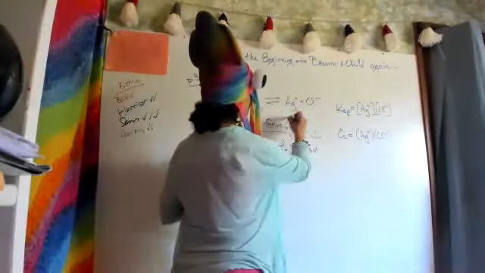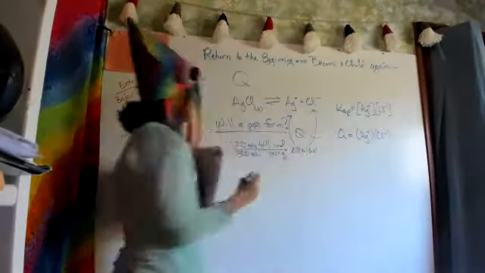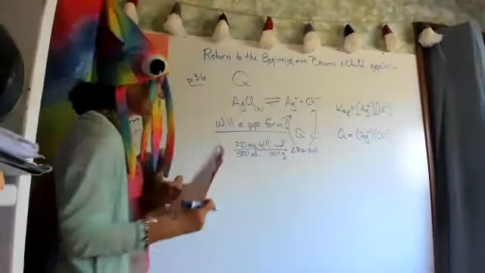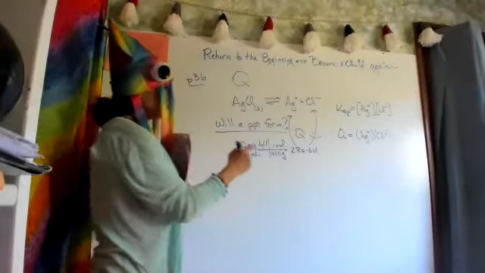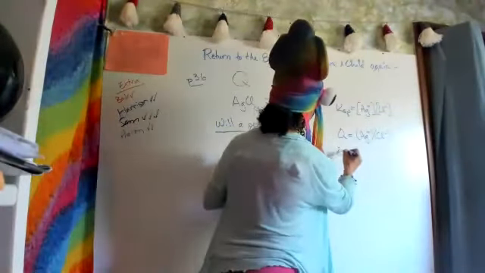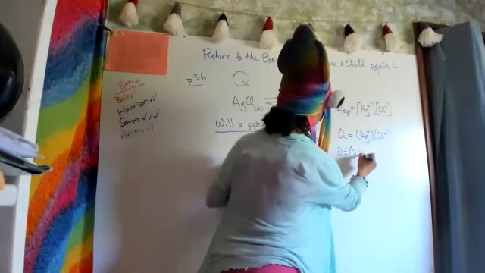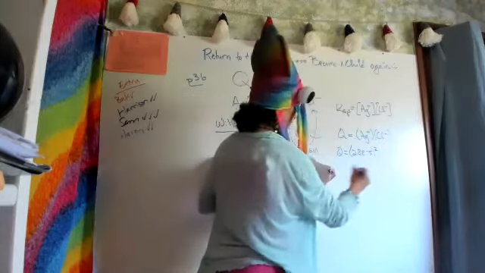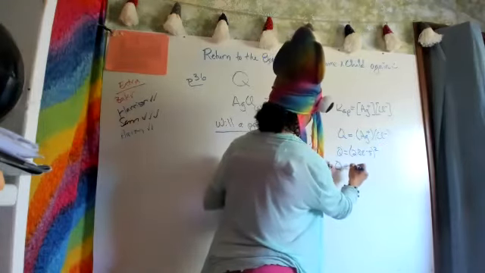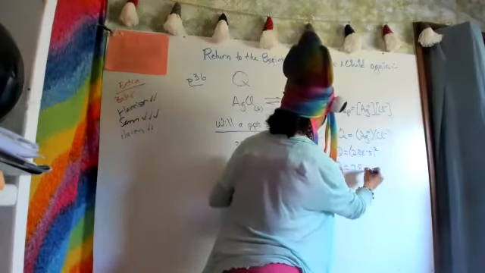So that is my silver and that is my chloride. This is back to what we did in the first page, but instead of solving for KSP, we're solving for Q. So Q is going to equal the 2.8 e to negative 5 squared. And you get 7.8 e to negative 10.